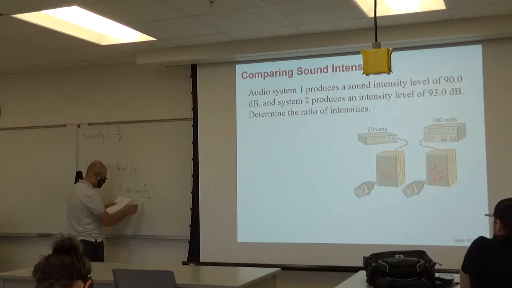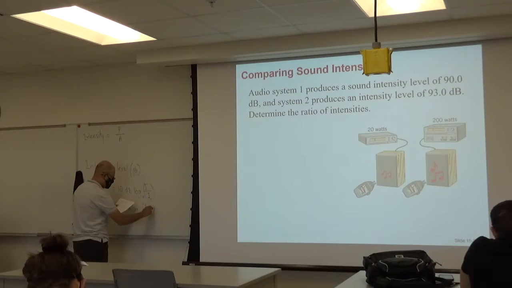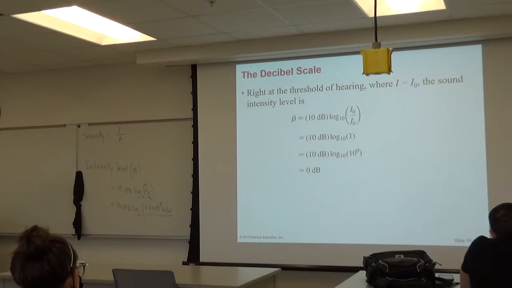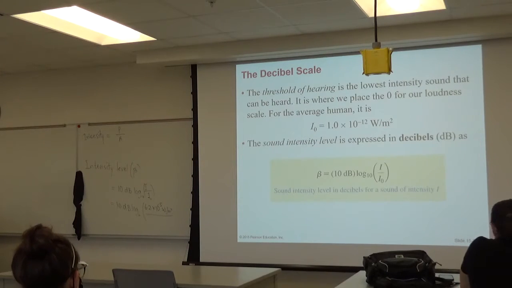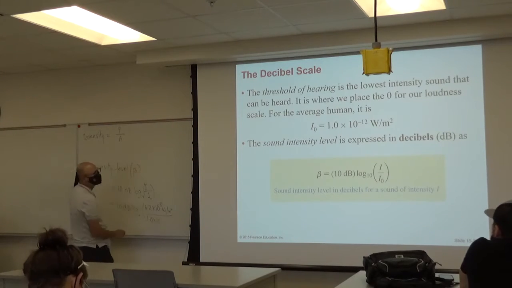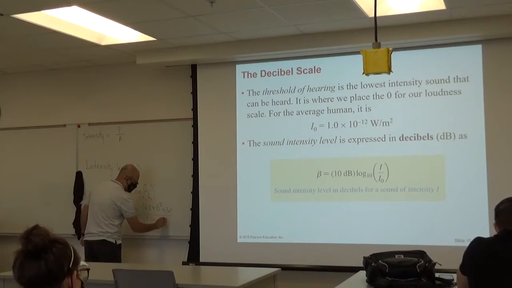Intensity is 6.2 times 10 to negative 5 watt per meter squared, and I naught is always constant. I already showed you the value of I naught, which is 1 times 10 to minus 12 watt per meter squared.